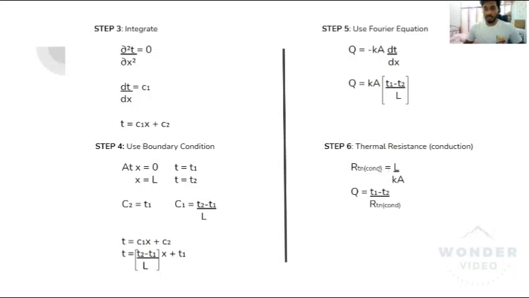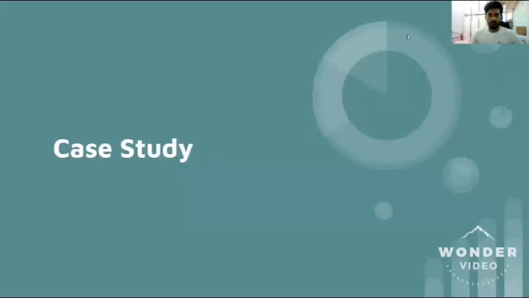Thermal resistance for conduction equals L over KA, where L is the thickness, K is the thermal conductivity, and A is the area. And we get this formula: Q equals T1 minus T2 over the thermal resistance.